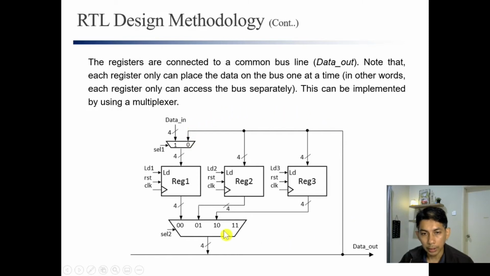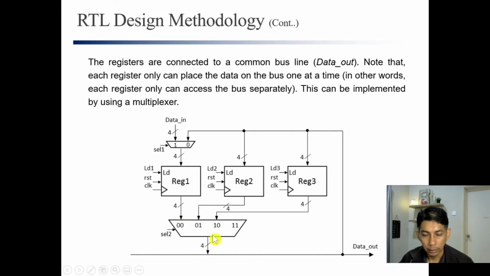This is the data path, where we have a set of registers, a multiplexer here, and the bus. What we want to do is transfer the data here into register 1. And from register 1 we will use this multiplexer to select what signal will go through.